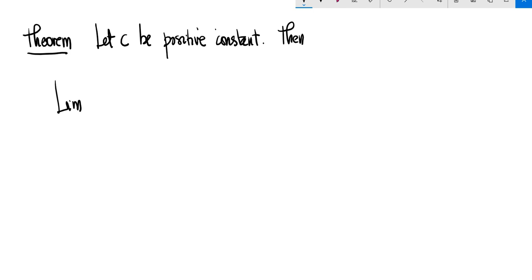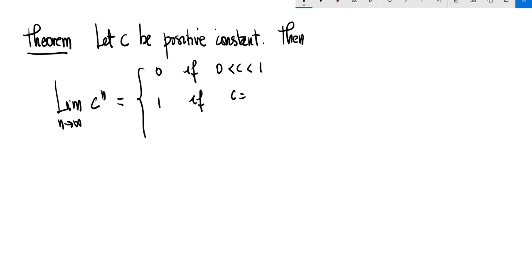the limit of C power n as n is approaching infinity will be equal to 0 if C is a number in between 0 and 1. It will be equal to 1 if C is equal to 1, or it will diverge to infinity if C is greater than 1. Right?